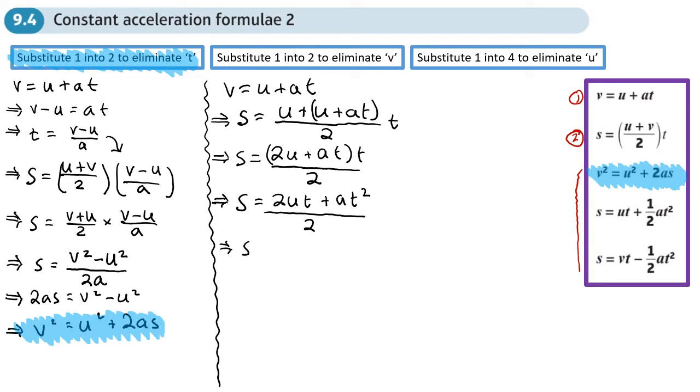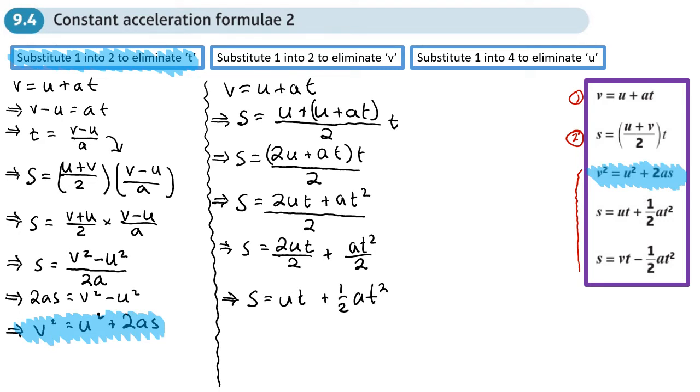That's the same as s equals 2ut over 2 plus at squared over 2, because they've both got the same denominator, and that will give us s equals ut plus half at squared because it's over 2.